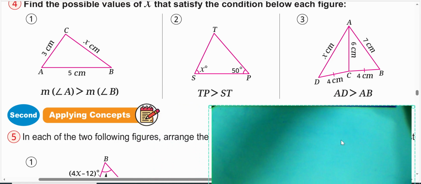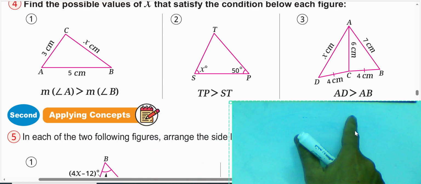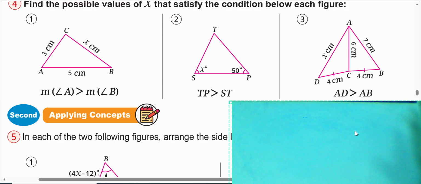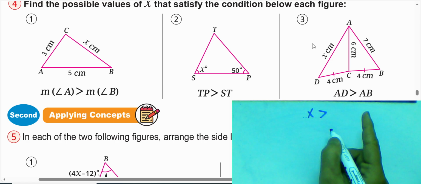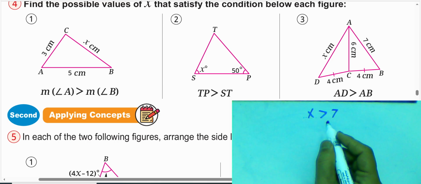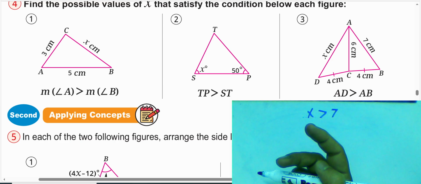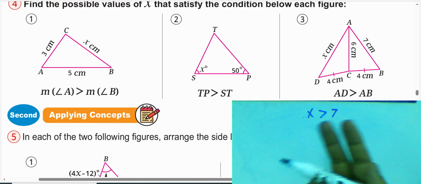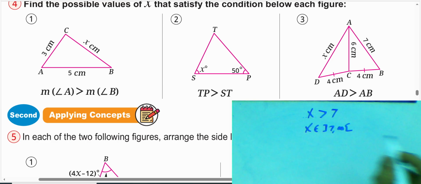Question number 3. We are given AD greater than AB. AD, x, is greater than AB. AB was 7. So x is greater than 7, from 7 to infinity, because we have two sides equal, and we find the value of x. Then x belongs to the open interval from 7 to infinity.